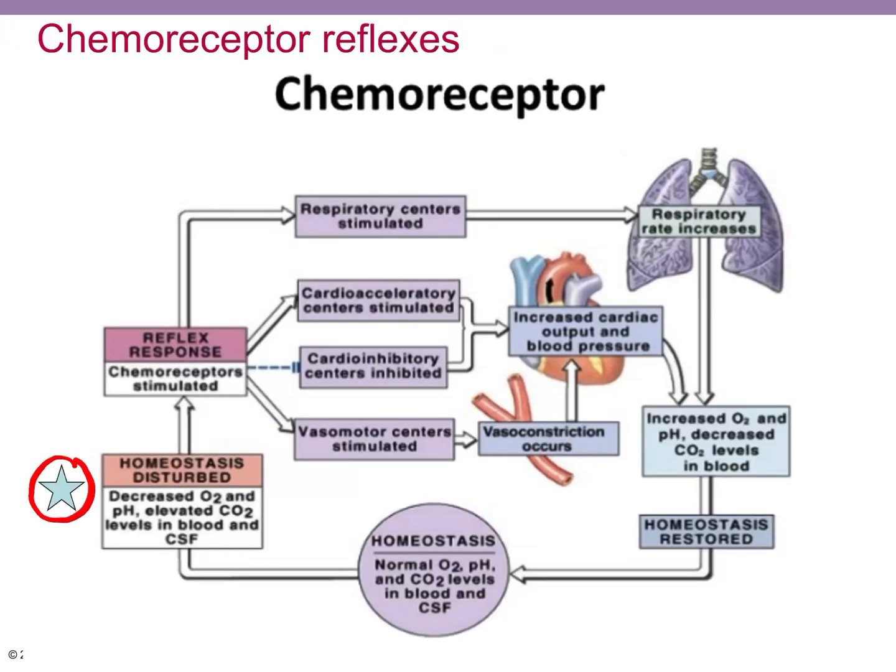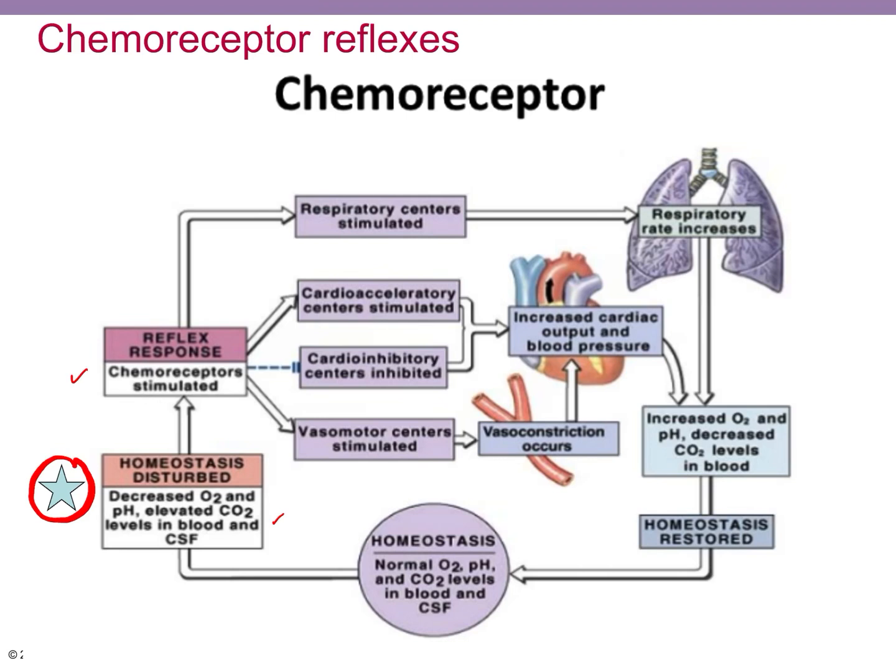We're not going to talk about respiration here specifically, but we can see that starting at the star, if you have decreased oxygen and elevated CO2 levels, this is out of whack. Homeostasis is disturbed, and you want to get this fixed, right? Bring it back to homeostatic. And so the chemoreceptors are going to be stimulated.